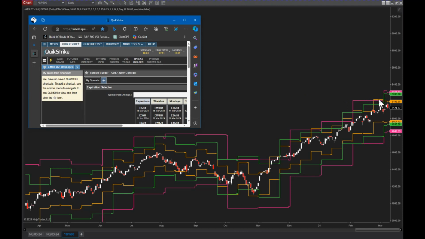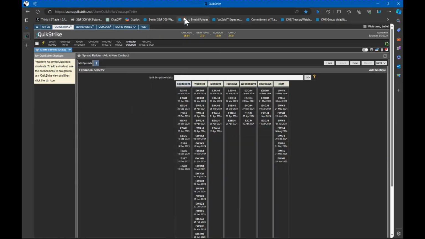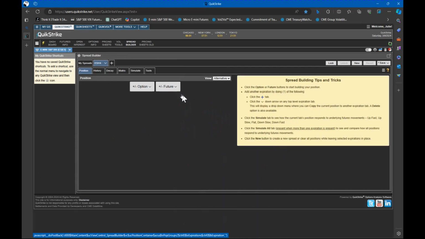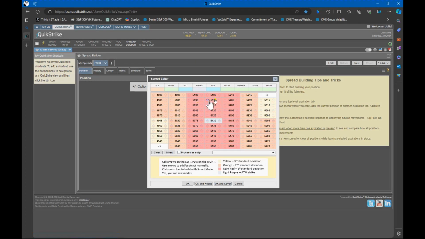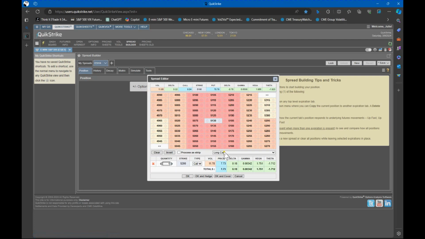I'm going to sell the 5200 call. The end of the week is the 15th right here, and I'm going to sell the 5200 short call.